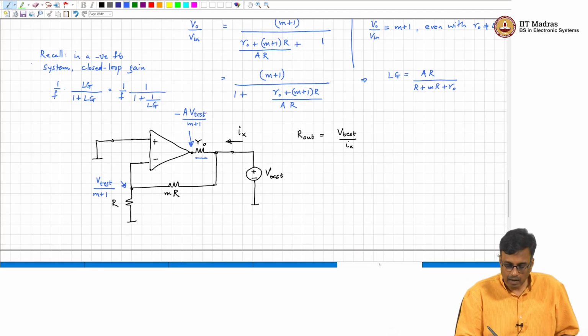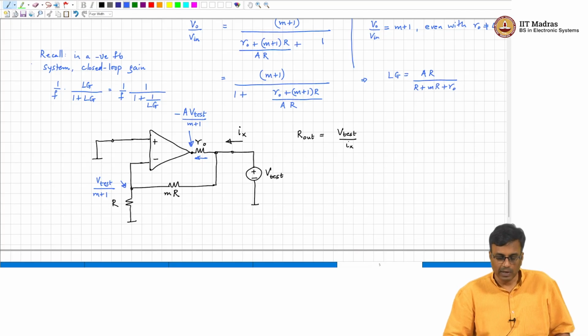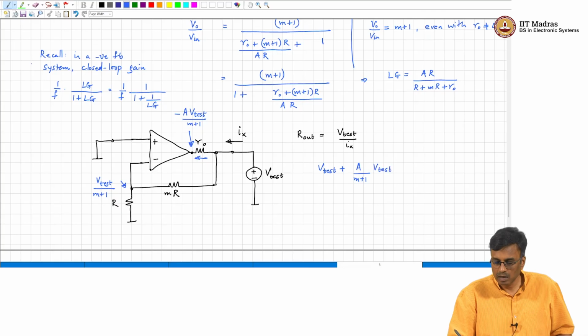Okay. And therefore, what will be the current? What is the voltage across R naught? V test minus minus of this thing, that is A times A over m plus 1 times V test, times 1 over R naught.